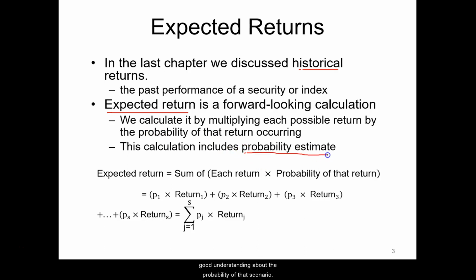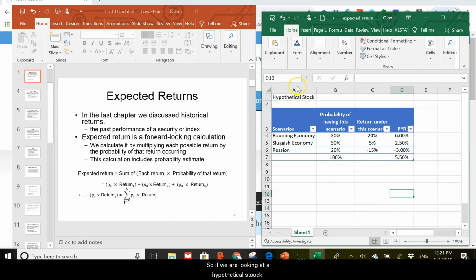So if we are looking at a hypothetical stock, let's just say there could be 3 scenarios in the future. If we say there is a 30% chance that the economy is booming and this stock will benefit from the booming economy, the return under this scenario will be 20%. So that's P1, the probability of 30%, multiplied by the return under this scenario, the 20% here.